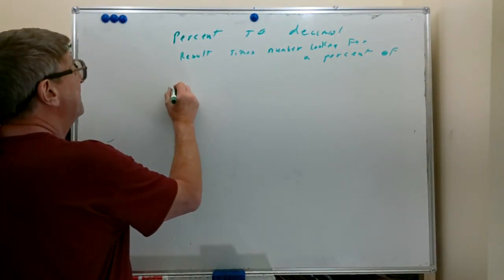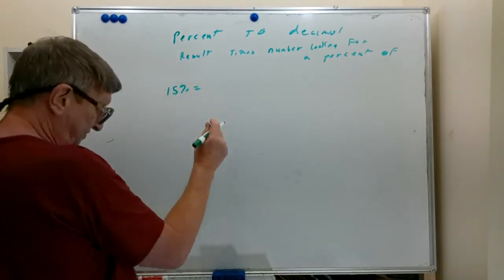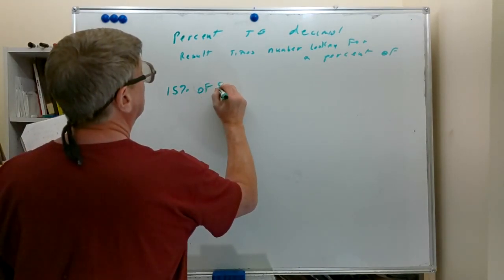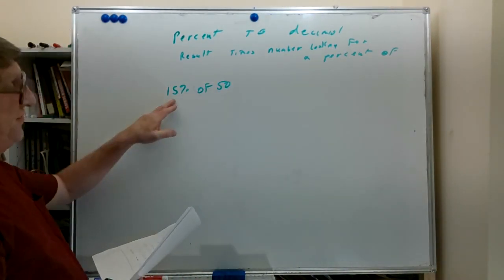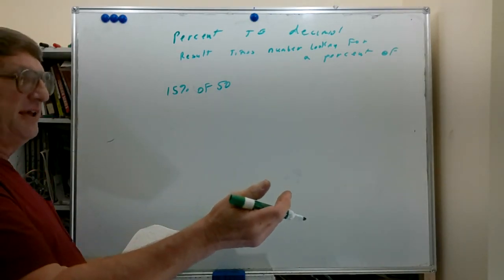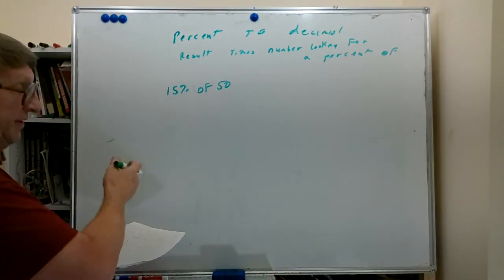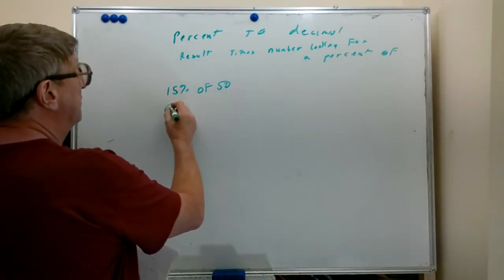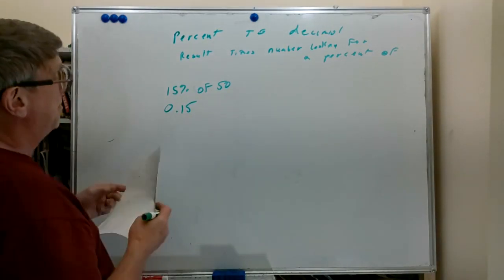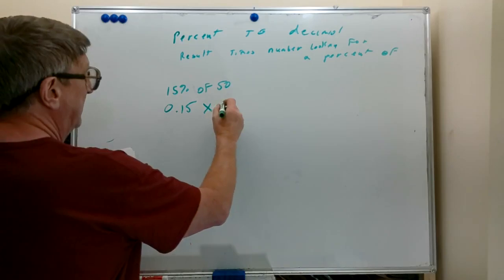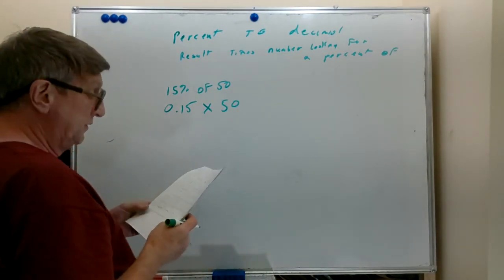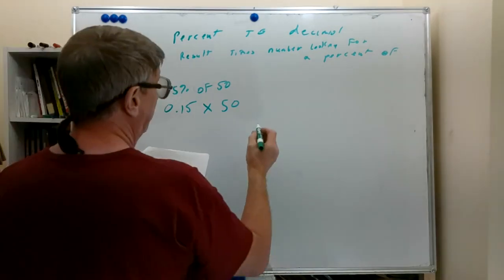Say we want to find 15% of 50. First we want to change that 15% into a decimal number. Remember the rule: percent, move the decimal place 2 places to the left, so that becomes 0.15. And now we want to multiply that times 50, which comes out to be 7.5.